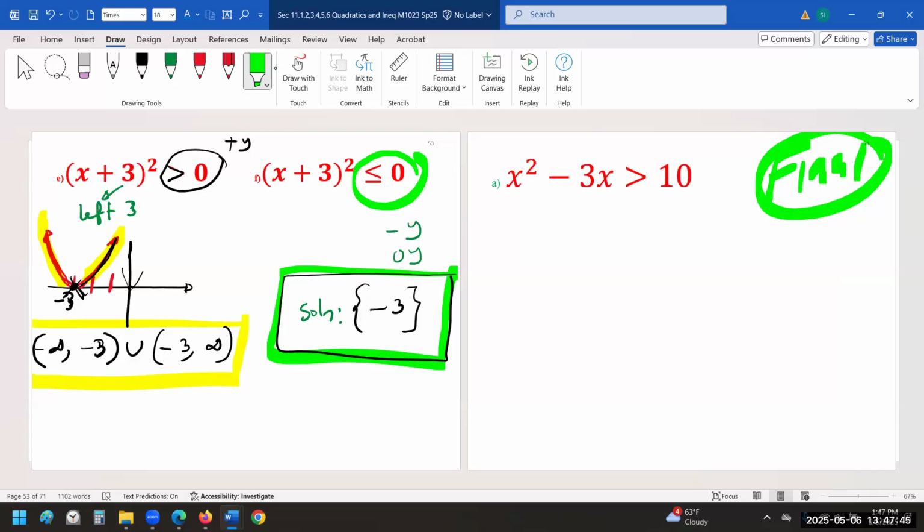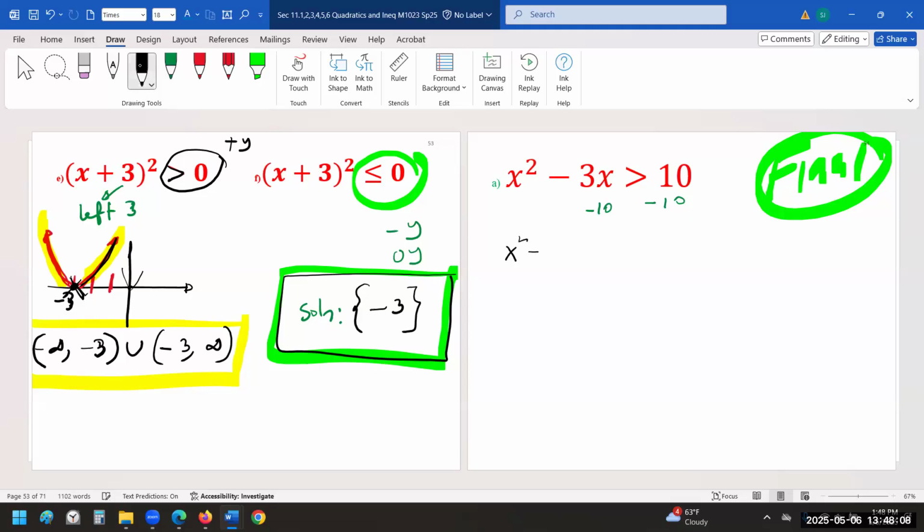What's the first thing you notice here? 2 x's, and something is missing, right? 0 is missing. So what is our first step? We need to see 0. So subtract 10.